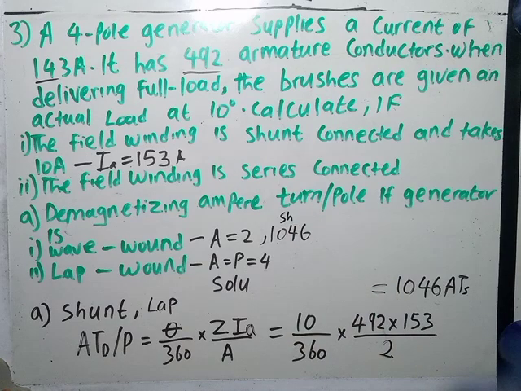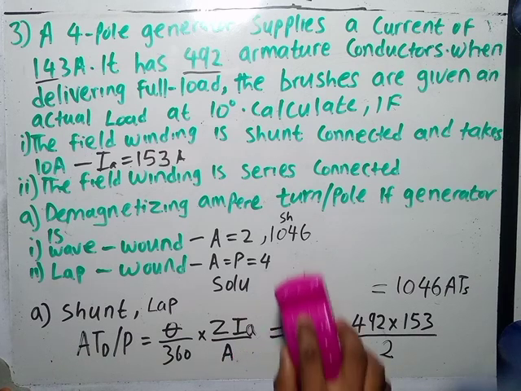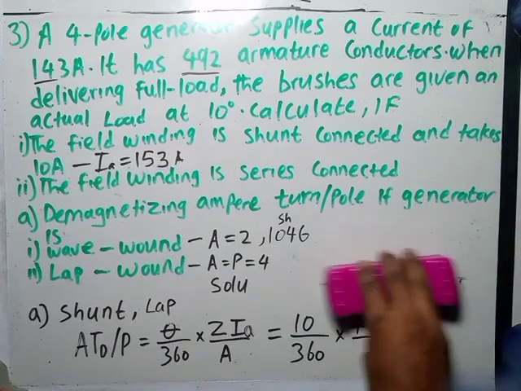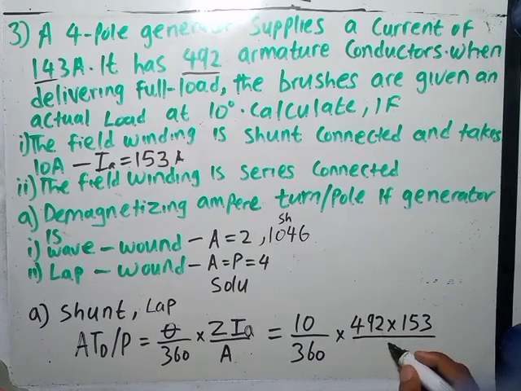For the second scenario when it is lap wound, the only thing that will be changing here is the value of our A, which is 4. So we'll come over here and change that value to 4.